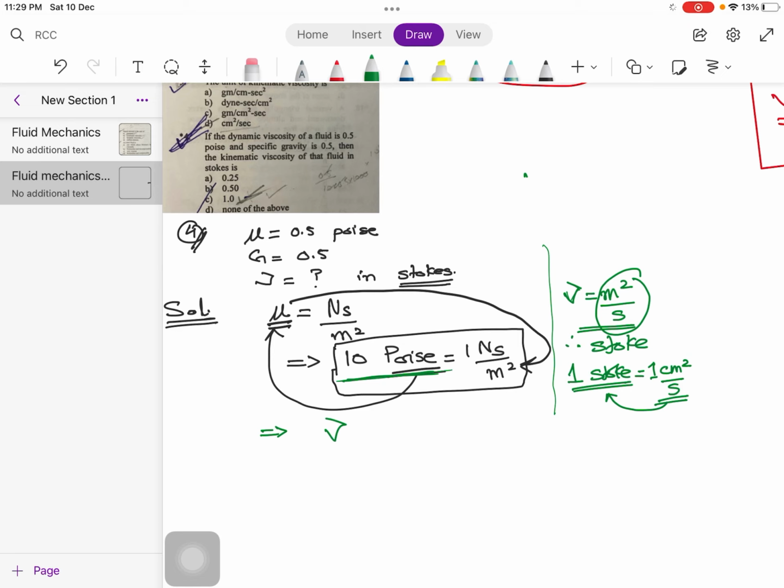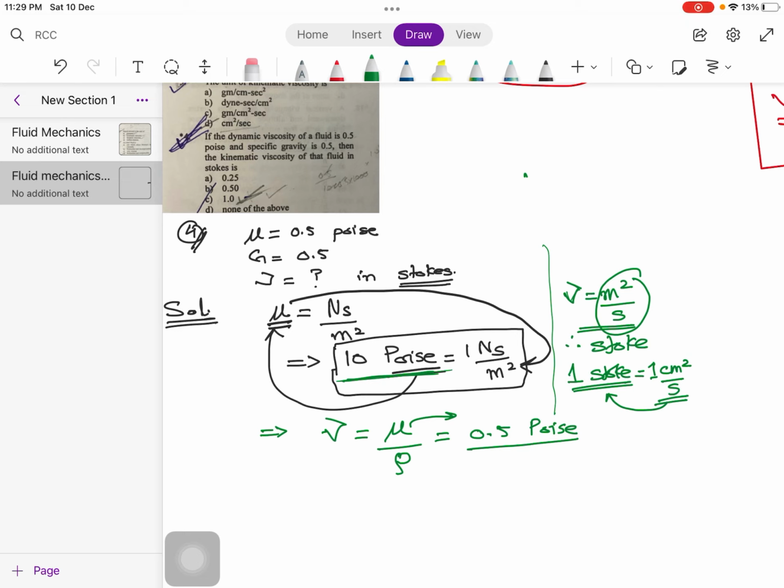So we need to find the kinematic viscosity, which is the dynamic viscosity upon density. And it is given that dynamic viscosity is 0.5 poise.